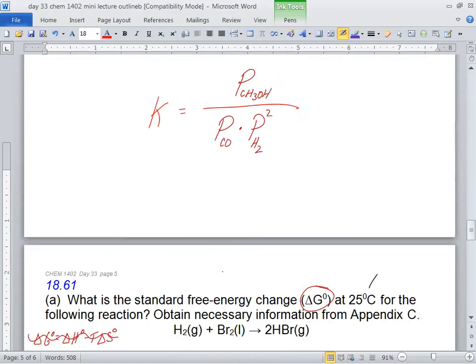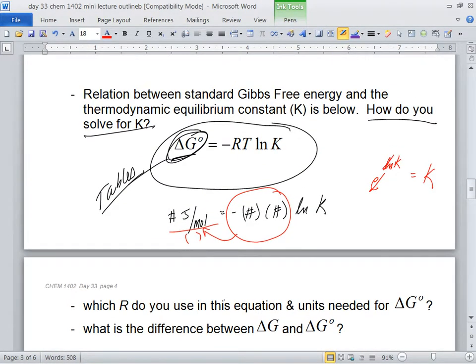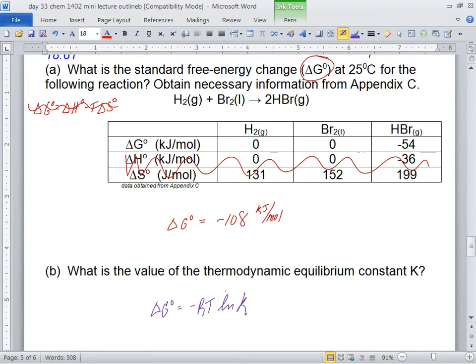Pretty sure that's how we wrote it, right? Delta G0 is negative RT natural log K. Substitute everything in. Just watch your units. See if you can get a number for K.